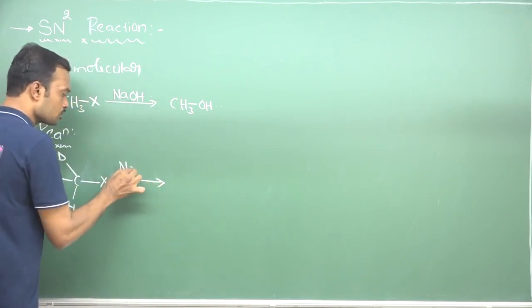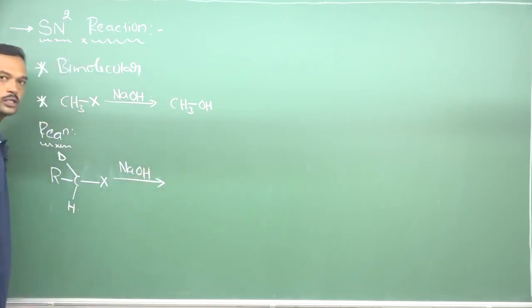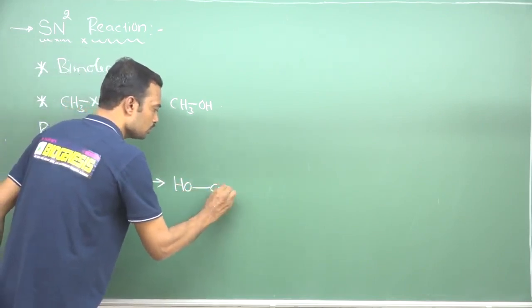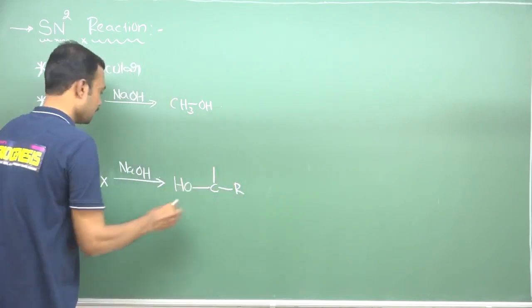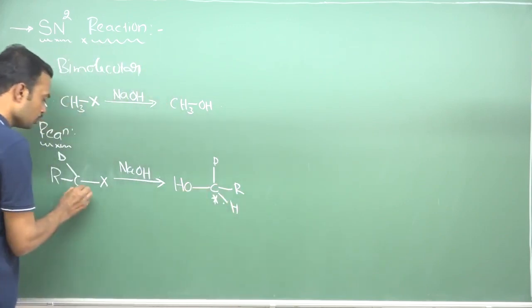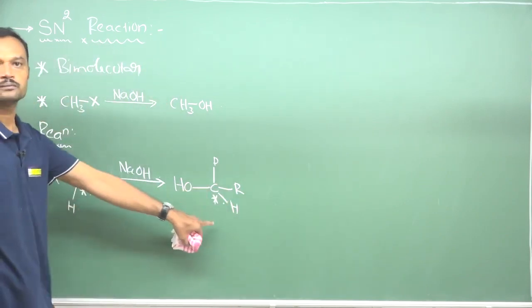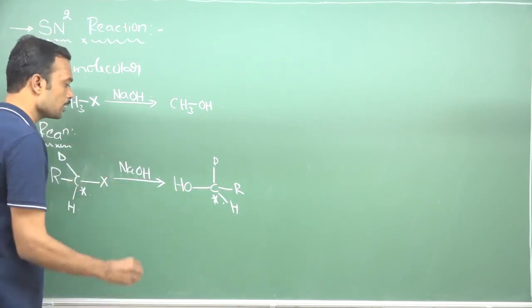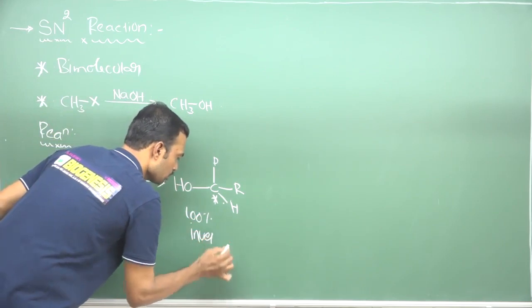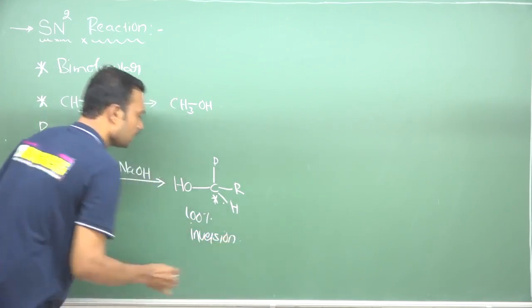Now, it is going to react with sodium hydroxide. Hydroxide will attack exactly from the opposite direction. Now, this R will be as usual, and this is deuterium as well as hydrogen. This is a new chiral center which is generated. This is 100% inversion product. So, here we are expecting an inversion.